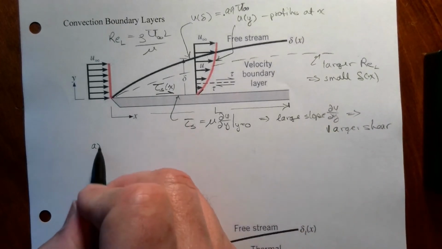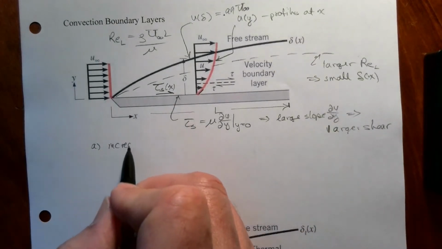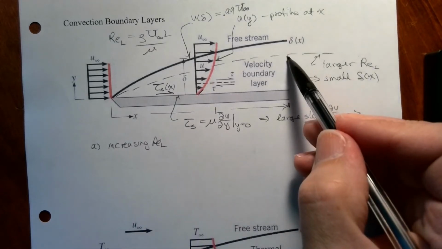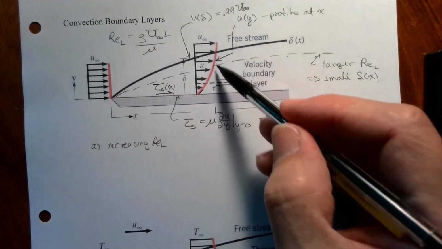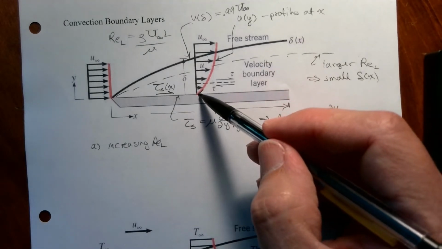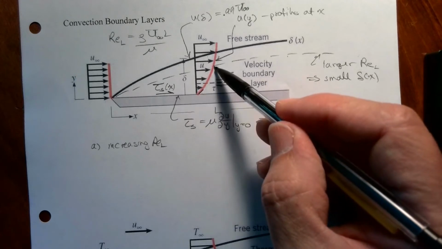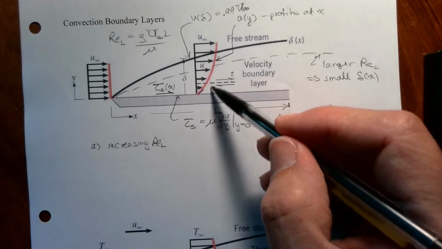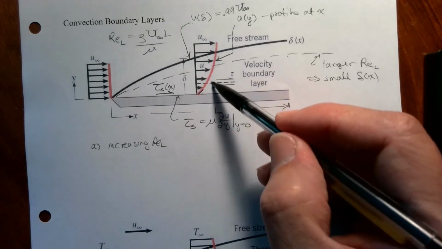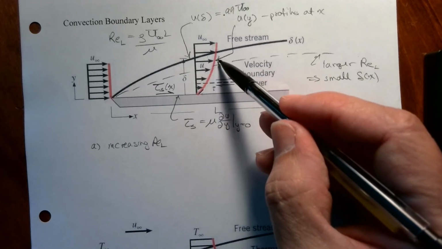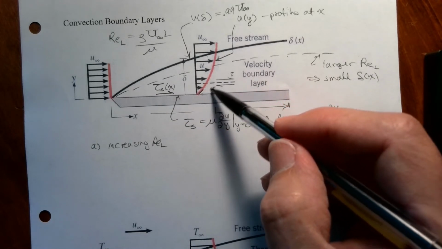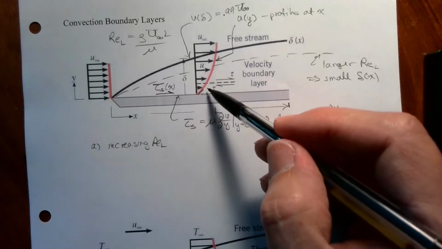So another observation, or we already made one observation, that increasing the Reynolds number, this boundary layer is going to decrease. So imagine decreasing this distance over which U has to vary between 0 and U ambient. If you decrease that, that's going to increase the slope here. If you can imagine that curve is still going to be here, right? But as you shrink down this distance, that curve is going to occur. It's going to be a higher concentration effectively, so it'll be a higher slope.